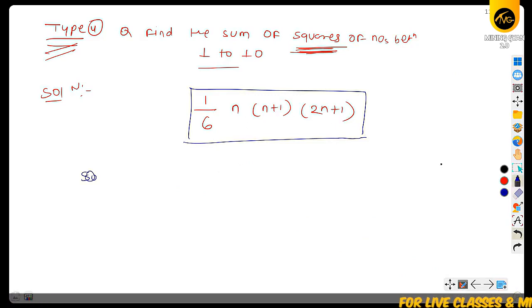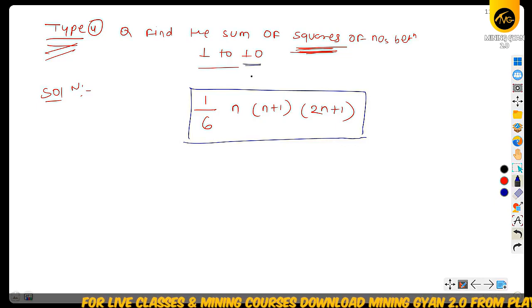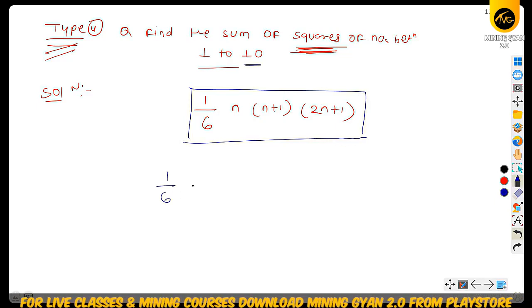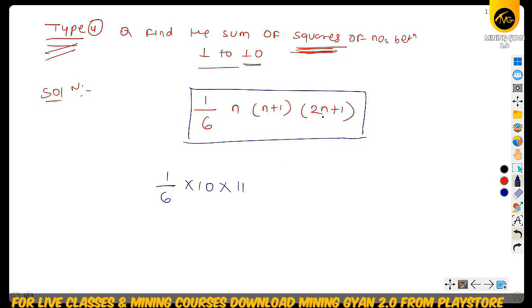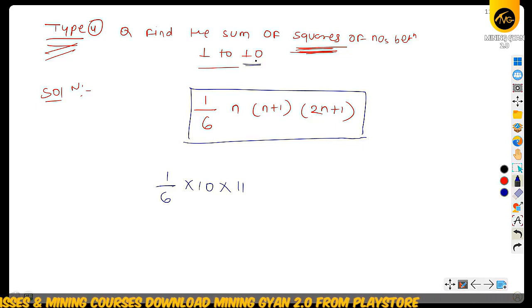Now just put down the value of n. N is basically the highest number, which is 10. So 1 divided by 6 into 10 into 10 plus 1, that will be 11, and 2n, that means 2 into 10, that is 20, plus 1, it is 21.